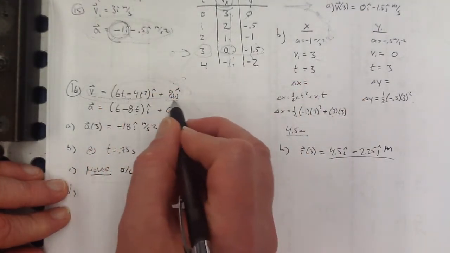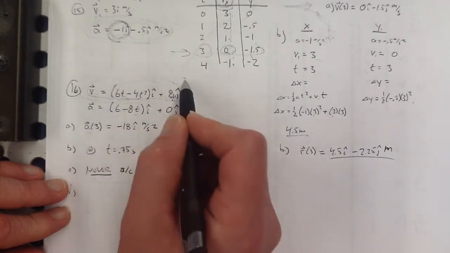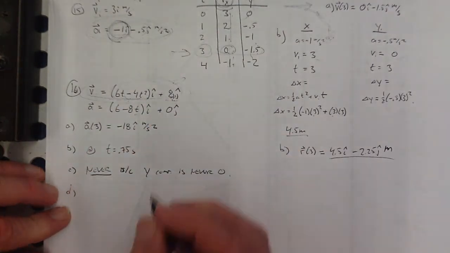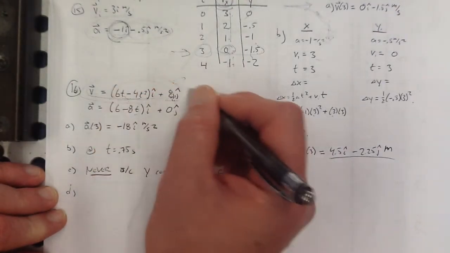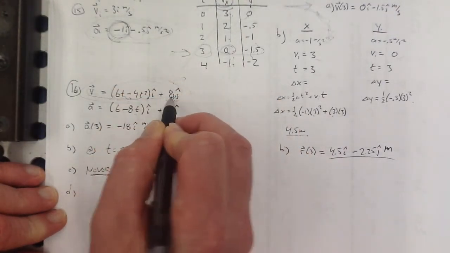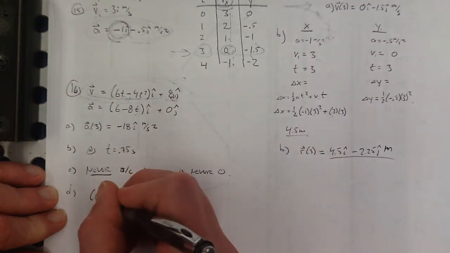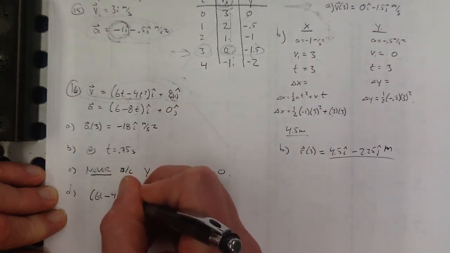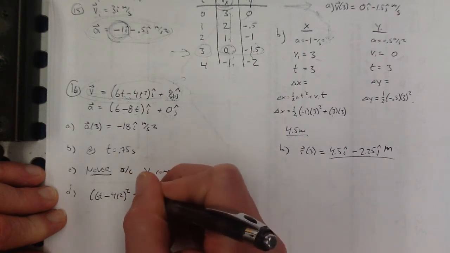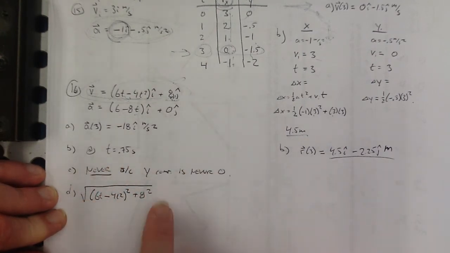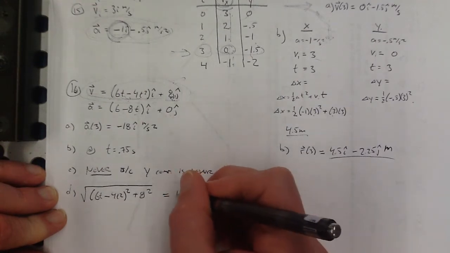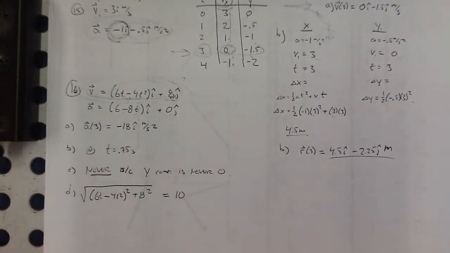These are the two legs, the two components, and speed is how long it is. So if you want the speed to equal 10, that means the square root of (6t minus 4t squared) plus 8 squared must be equal to 10.